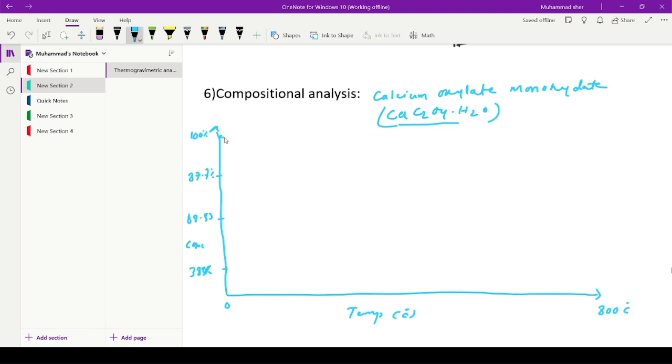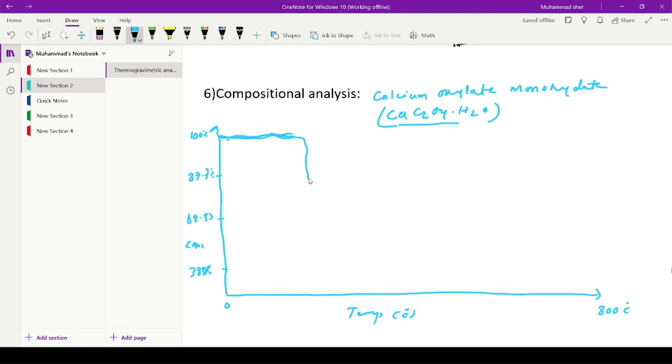As we already said, there will be changes, and this will be a straight line. As we increase the temperature, for some time the graph will be a straight line, but after some time we will observe a curve in the graph.